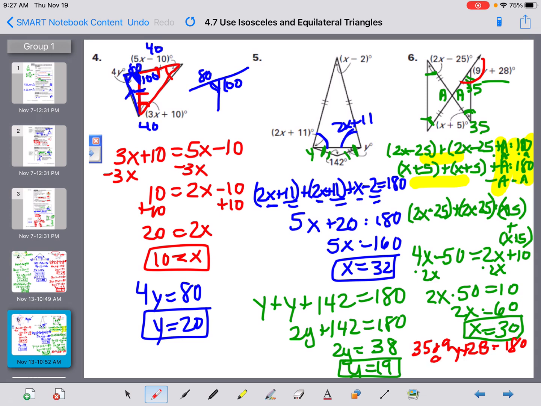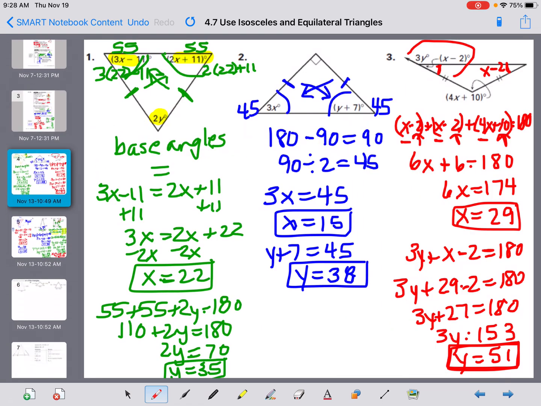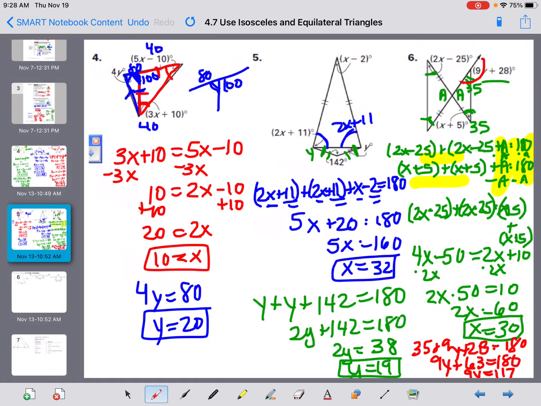So I get 9y plus 35 plus 28 is 63. Subtract that 63. 9y equals 117. Divide by 9. And y equals 13. And I just went, what, up a page? y equals 19. 13. Sorry, 13. Okay?